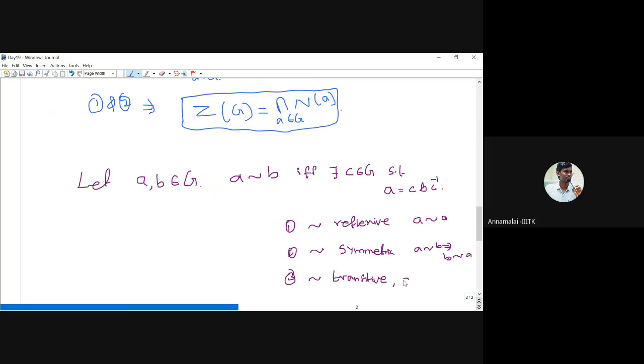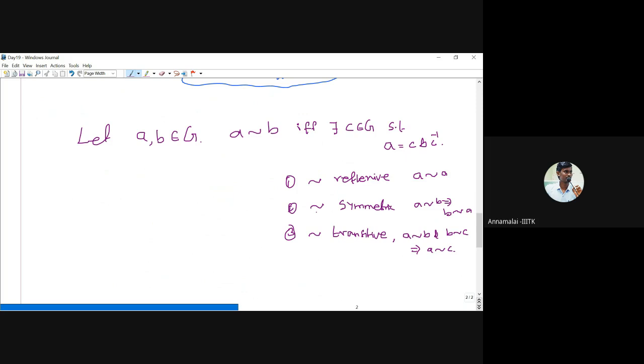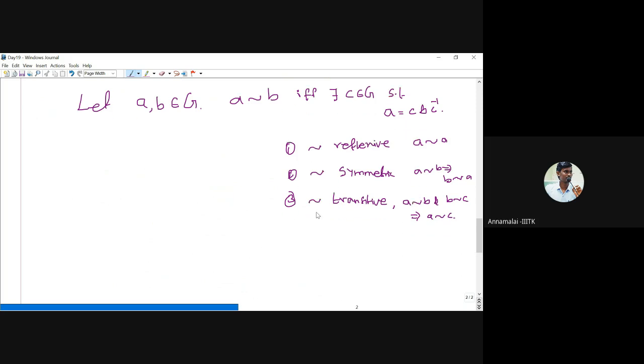That means suppose A is related to B and B is related to some other C, implies that A is related to C. So if this relation satisfies these three properties: reflexive, symmetric, and transitive, then we say this relation is an equivalence relation.